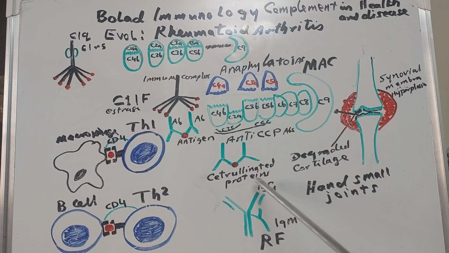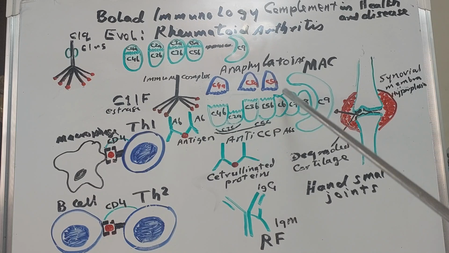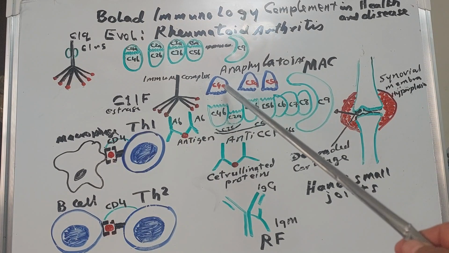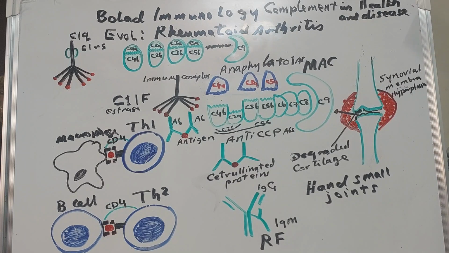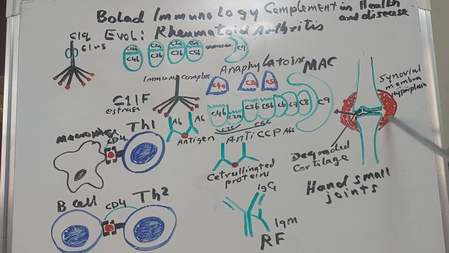When they interact, this leads to formation of immune complexes, and the immune complex will activate C1, then C4, 2, 3, 5, up to C9, and this will also lead to formation of anaphylatoxins, and these anaphylatoxins will lead to inflammation here, and this will lead to rheumatoid arthritis, as can be seen here, characterized by hyperplasia of the membrane, destruction of the bone, synovitis, maybe tendinitis, and destruction together with swelling and hyperplasia of the synovial membrane.